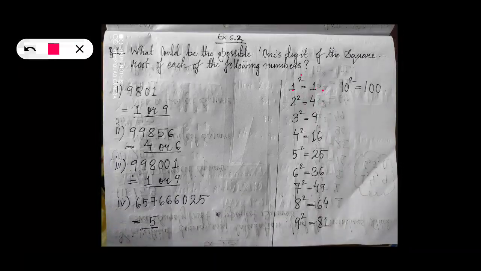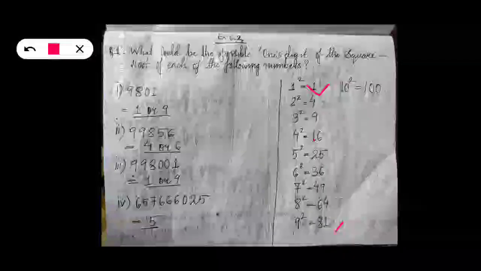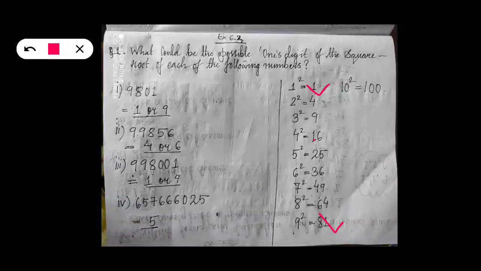So what you have to check is, in this number, what is the unit digit? 1. So you check in which square 1 comes in unit place. This is in unit place 1. Here is in tens place, so we'll not count this. Unit place here is 1. So this and this, there are two numbers where you get 1 in the unit place because here is 1. Okay, that's why I'm checking this.